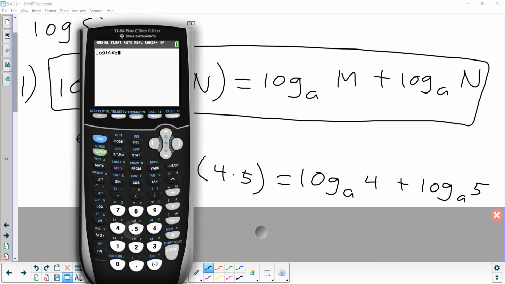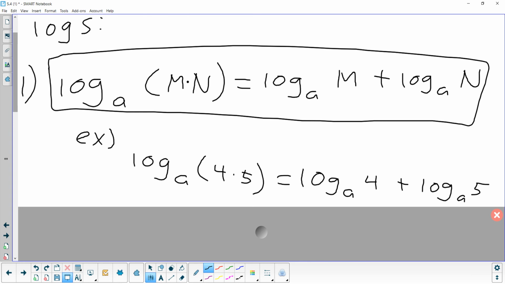Log of 4 times 5, which is just 20. Now, look at log 4 plus log 5. It's exactly the same thing. So this gives you a way to take, depending on how you look at it, a sum of 2 logarithms and combine them into a product.